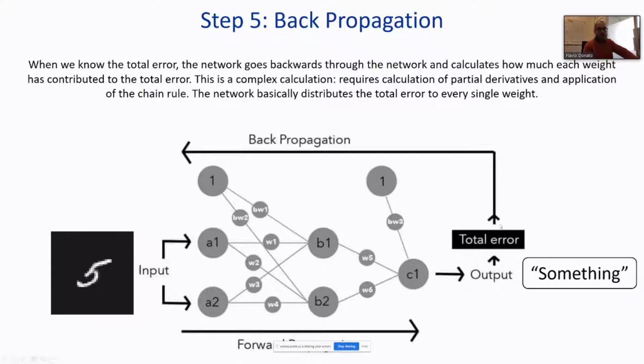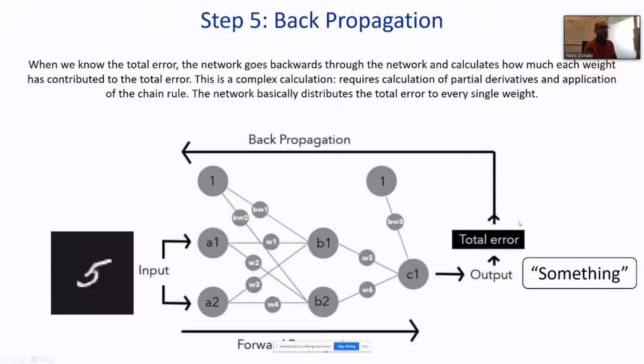At this point, the network is going to do something that is very interesting, that is called backpropagation, which means that it's going to take this total error and calculate how much each of these weights has contributed to the total error that the network has been making at the end of the feed-forward computation. So the image goes through the feed-forward propagation step, the output is calculated, the output is wrong.